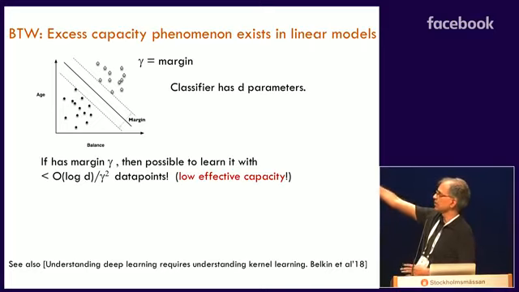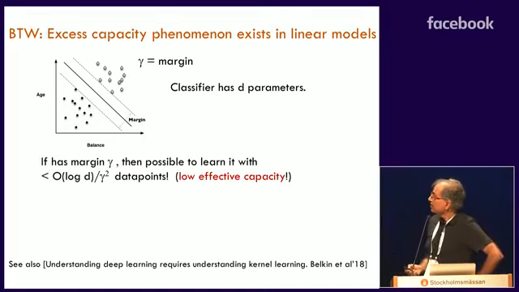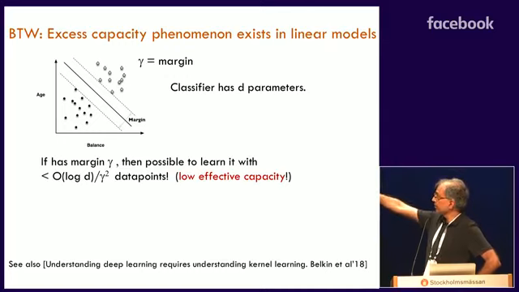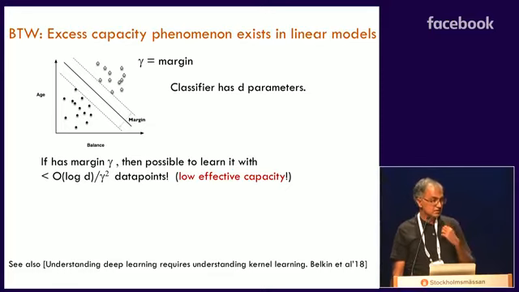And this is what's called a strict margin. I won't talk about the soft margin notions. Okay, if gamma is the margin and say the data is all normalized, and the classifier has d parameters, d dimensions, then if the margin is gamma, it turns out the effective capacity, which I'll explain more rigorously in a slide or two, is log d over gamma squared. So if gamma is modest, the capacity scales as the logarithm of the number of parameters, the number of dimensions.